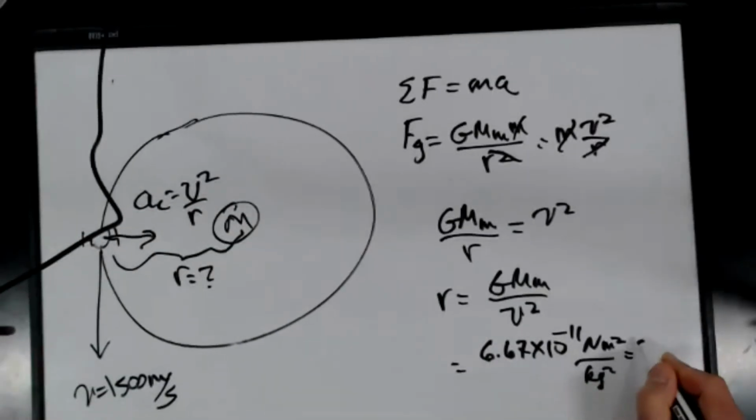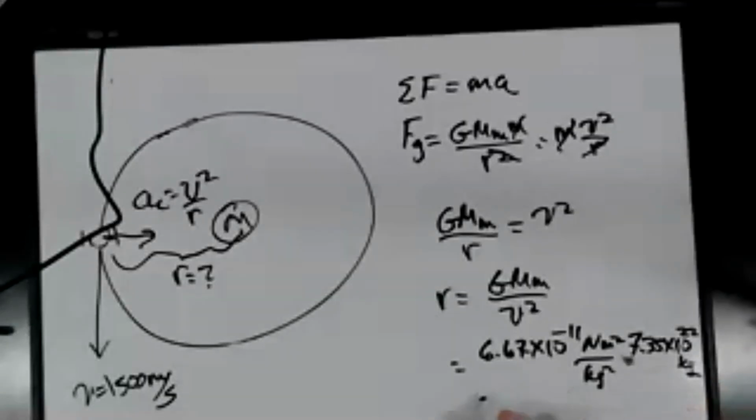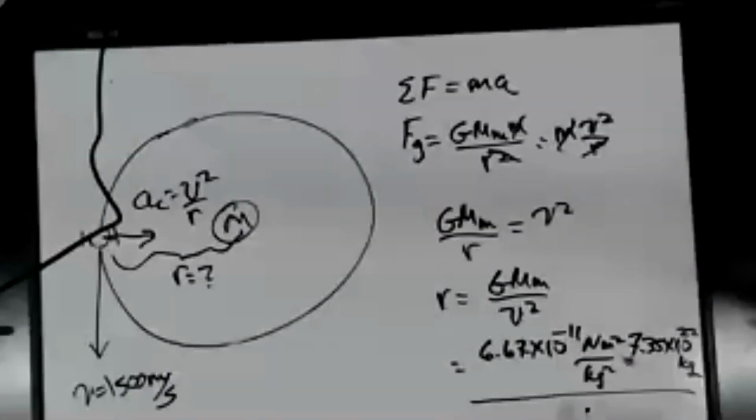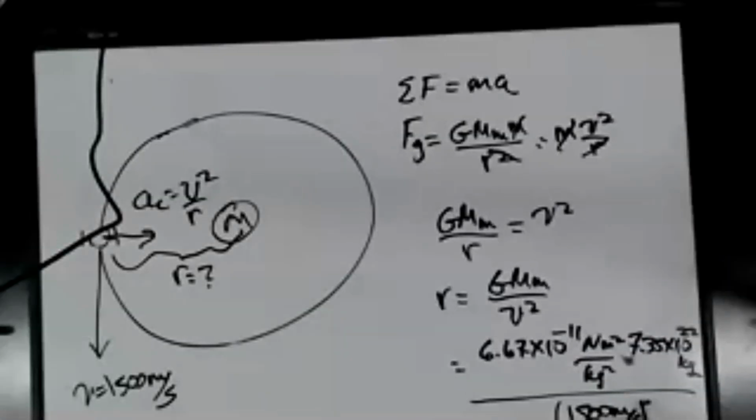See if I can pull up the mass of the moon. I think it's like 7.35 times 10 to the 22nd kilograms. I'm pretty sure that's right. And then the velocity is 1,500 meters per second, all squared.